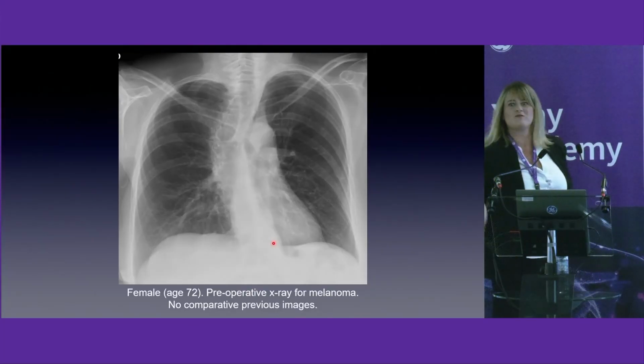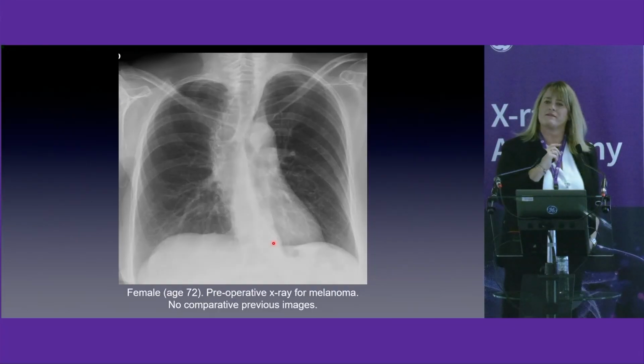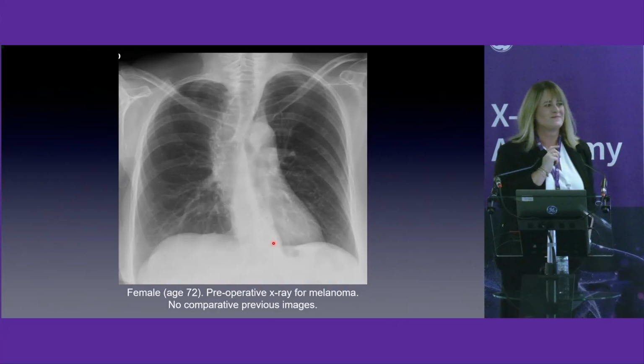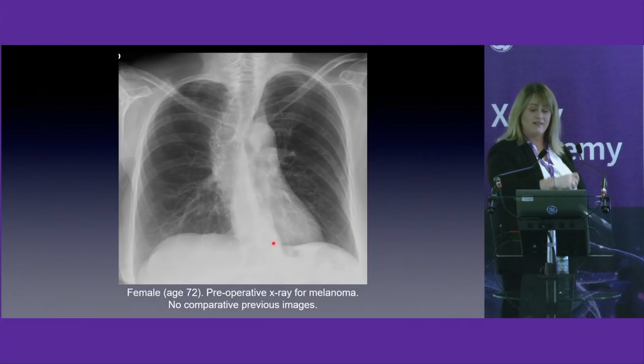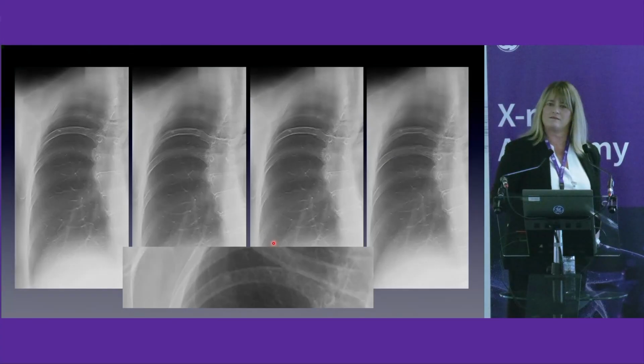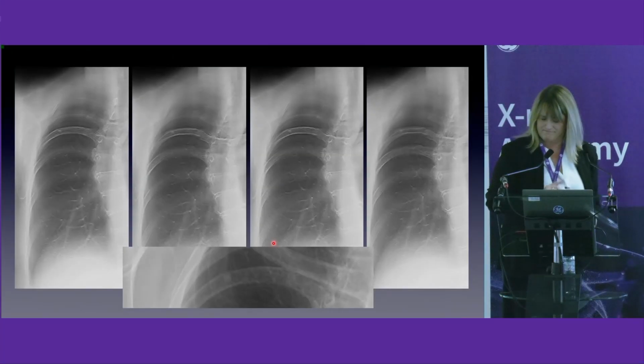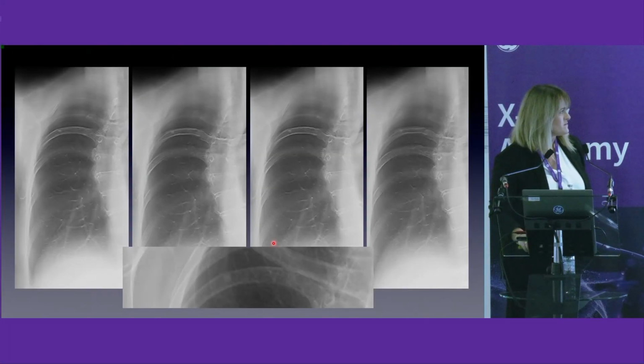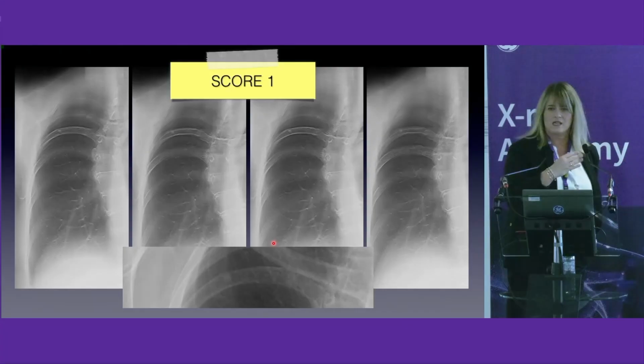Lung nodule, suspected lung nodule. Where? In the right apex. Yes, I agree with you. However, it's a bone island. No need to perform a CT scan. Interesting. So we gave a score of 1, so definitely benign lesions.